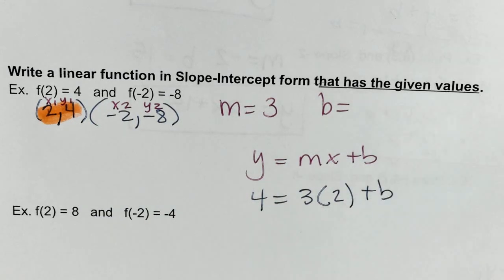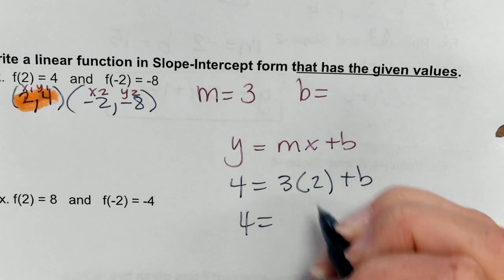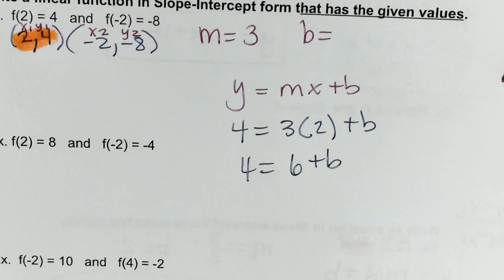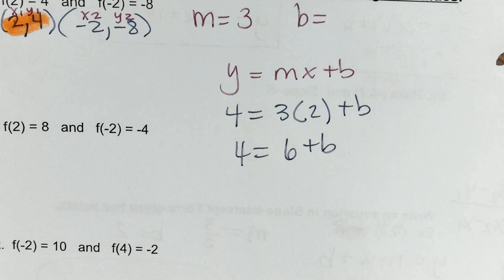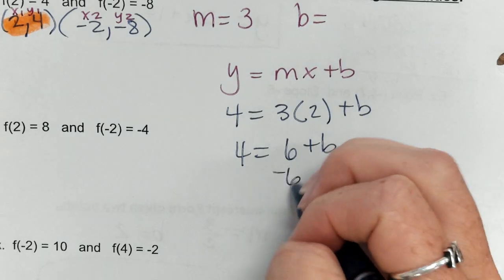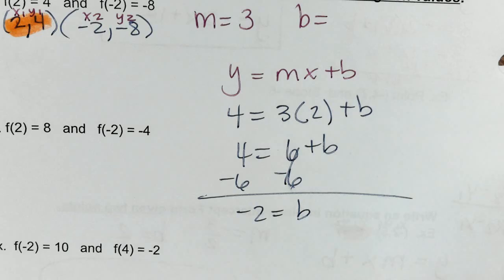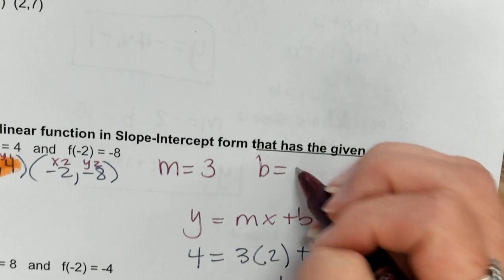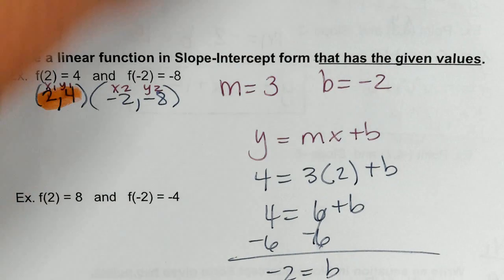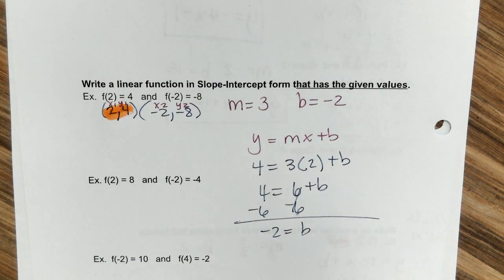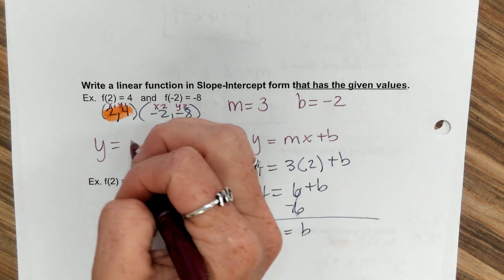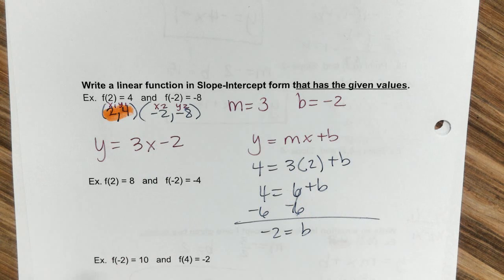Plus b. So 4 equals 3 times 2 is 6. How do I get rid of the 6? Minus 6. And 4 minus 6 is negative 2. So my equation is y equals 3x minus 2.